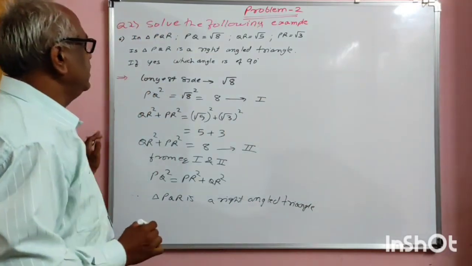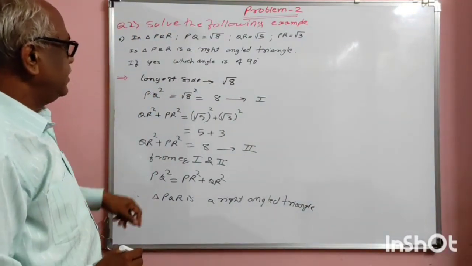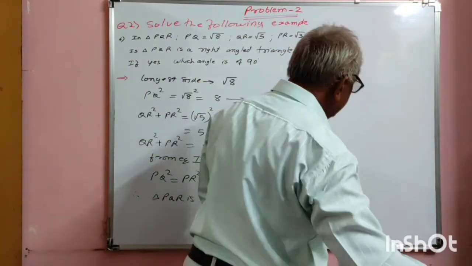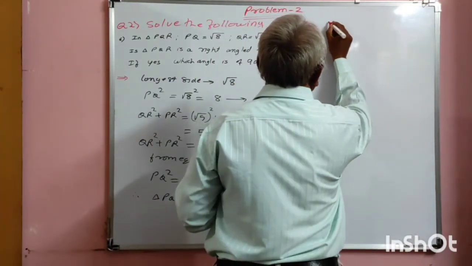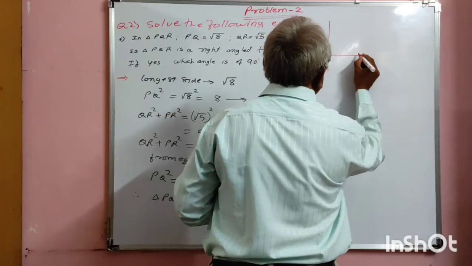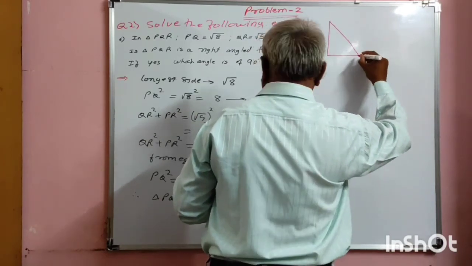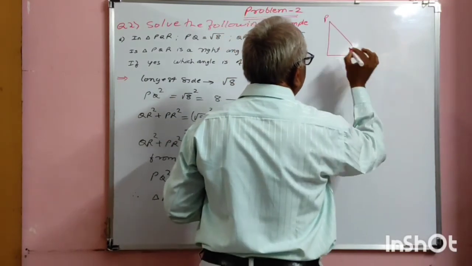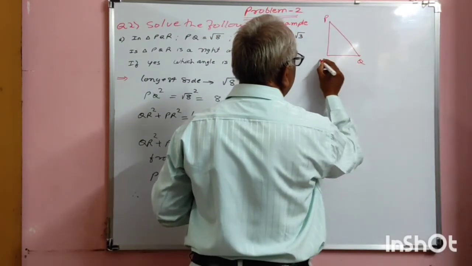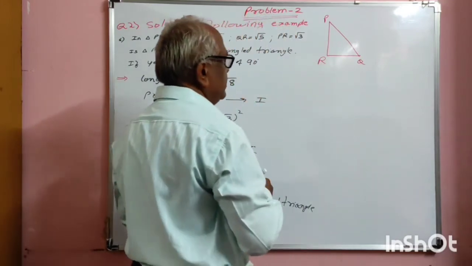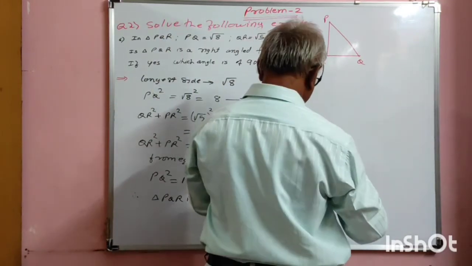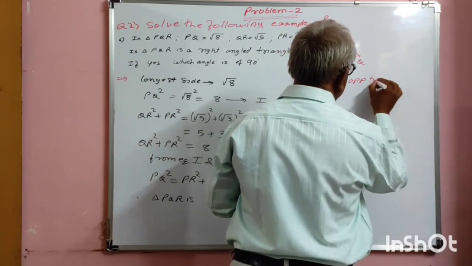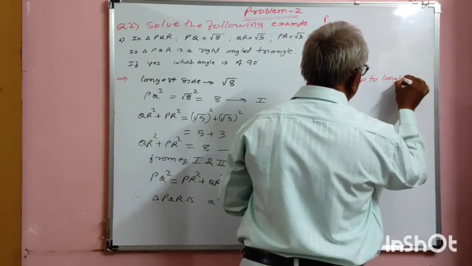Now, if we draw the figure, this is a right angle triangle, PQ is the hypotenuse, and the remaining point R is opposite to the longest side.